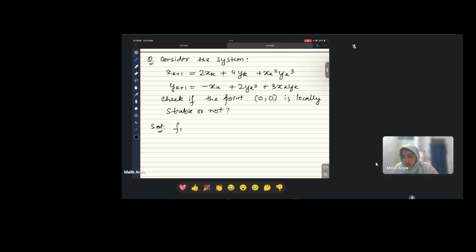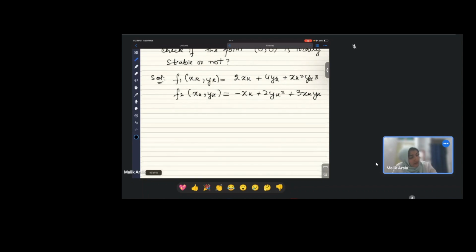Solve along with me and tell me what you are getting. f1 of x_k, y_k is 2x_k plus 4y_k plus x_k squared y_k cubed, and f2 is equal to minus x_k plus 2y_k squared plus 3x_k y_k. Now the Jacobian is what?